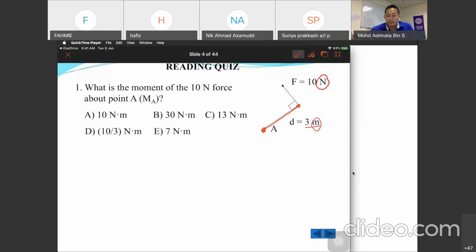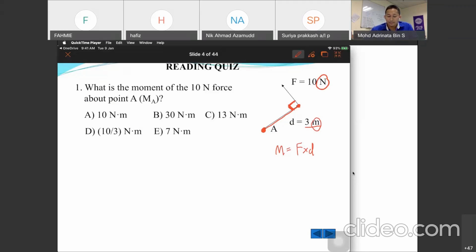Okay, moment is equal to F times d. And please remember that to get your moment, you need it to be 90 degrees. Moment and torque, yeah, it is from force and also the distance.